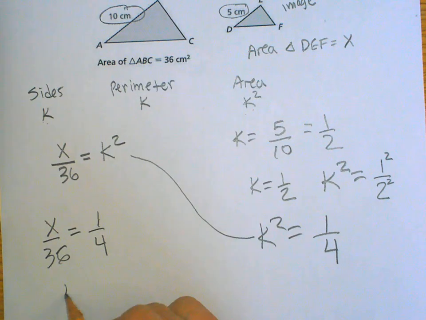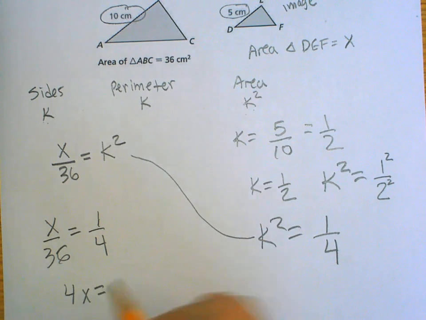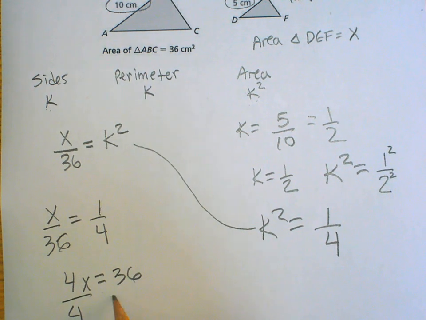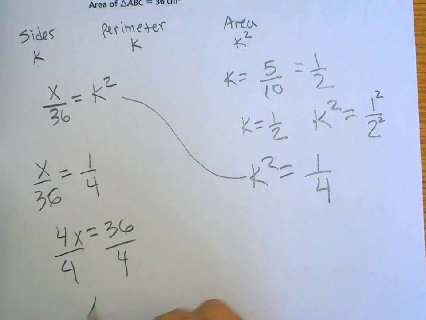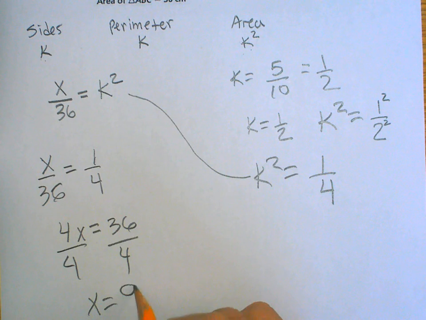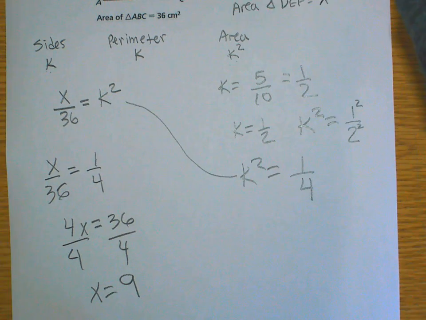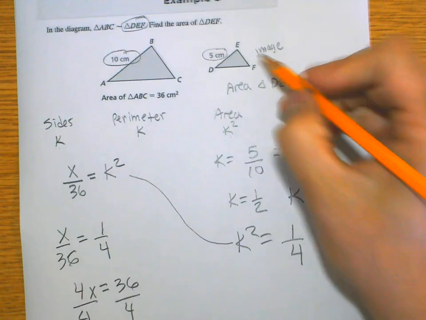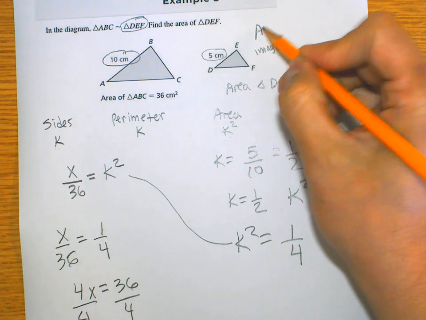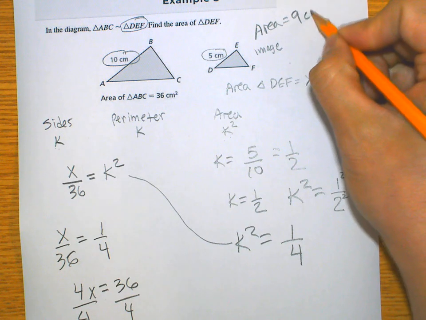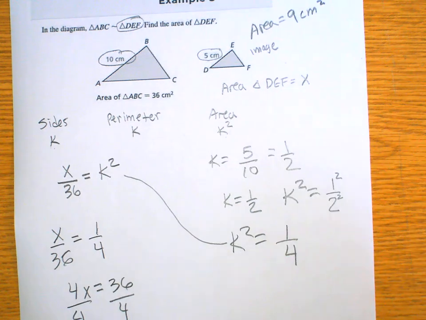Cross multiply, you get 4x equals 36. Divide by 4, and you get x equals 9. Which means that the area of this triangle right here is equal to 9 centimeters squared.